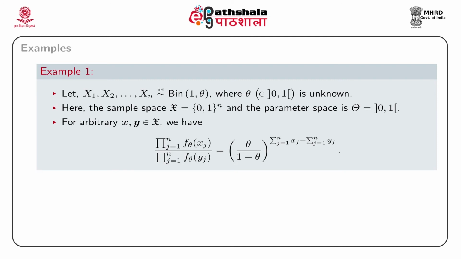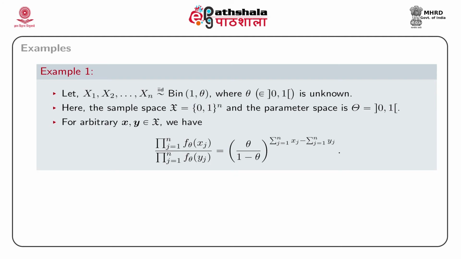This is just equal to (p/(1 - p)) to the power summation x_i minus summation y_i. Let us write this as equation 1.